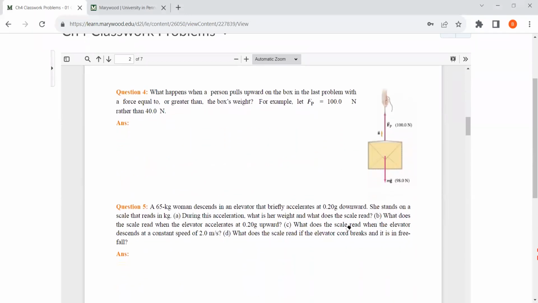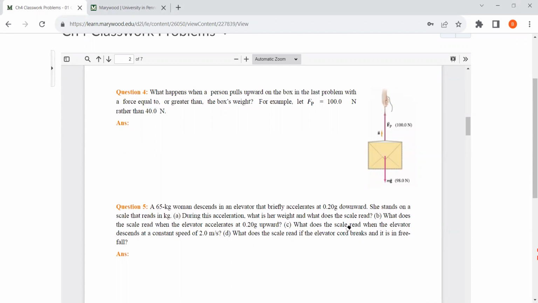Okay, so number 4 is basically the continuation of the last problem. In the last problem your friend pulled it up by 40 Newton, which is not enough to move it up.